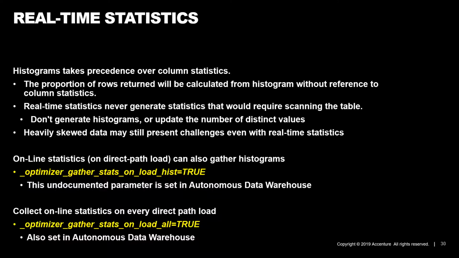And there's another parameter, optimizer gather stats on load all, which makes the database collect statistics on all direct path loads into a table, not just the first one. And this is also set in autonomous data warehouse, part of the load and go approach. So you may find that you have histograms more prevalently than you might have expected.